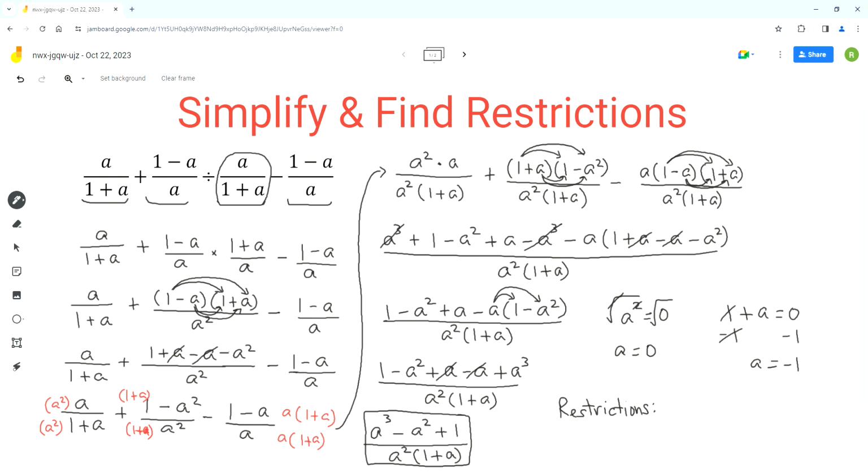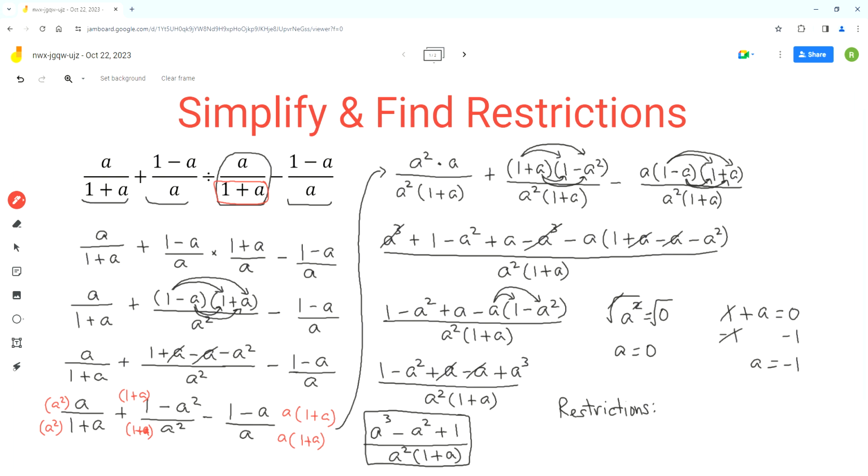Now, since this given expression started with a division statement, we also have to consider the denominator of that fraction that was being divided, which is this 1 plus a. We've already accounted for 1 plus a as one of the factors from the expression we got at the end.